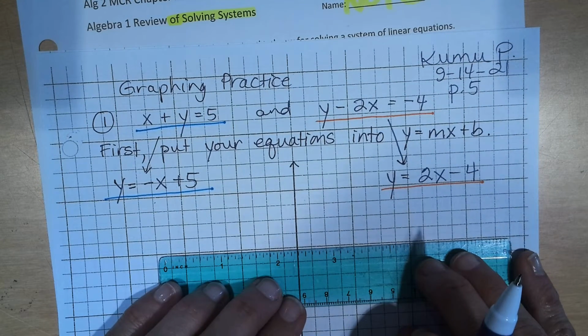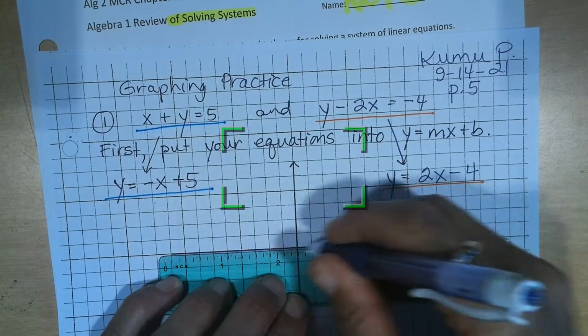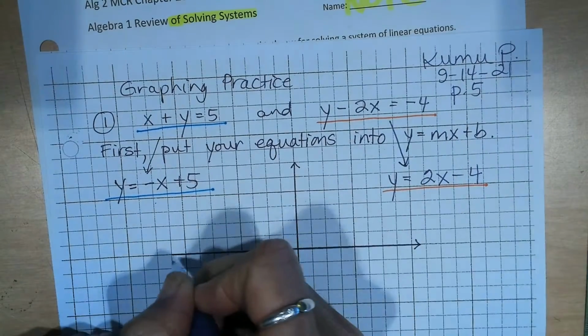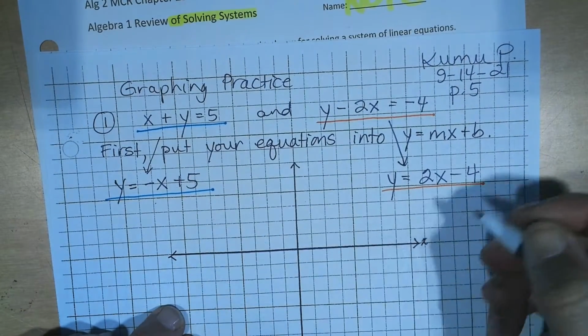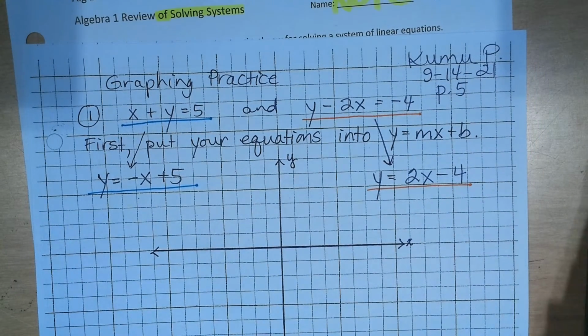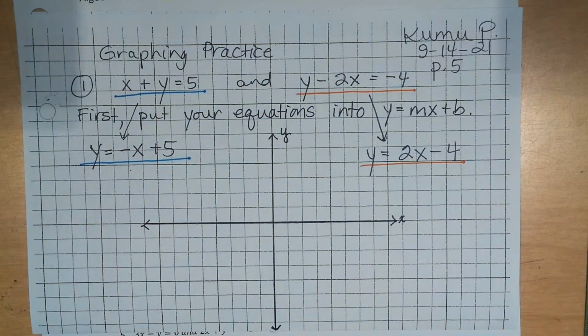So practice it. That's why I'm only giving you 4 problems to do. Okay, so we will use our straight edge to make a graph. Here's our x and here's our y. So for each one, we're just going to put them both on the graph and see where they hit.